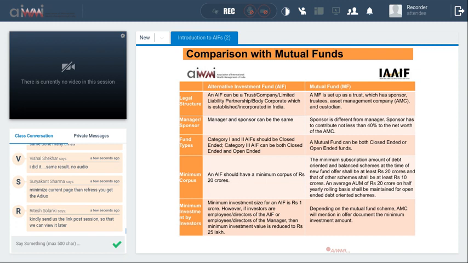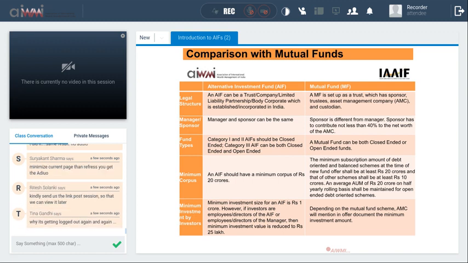There is an HDFC trustee company, which is responsible for managing the affairs of the mutual fund, which is the trust. Given that the trustees may not want to manage the day-to-day affairs of the trust, and may not have the requisite expertise, they appoint an asset management company, which in this case is HDFC Asset Management Company, which manages the day-to-day affairs of the mutual fund.